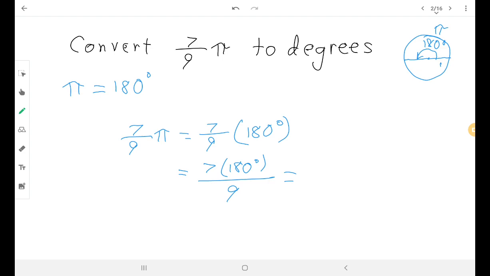So this is like 7 times 20 degrees, and 7 times 20 is 140, 7 times 2 is 14, and tack a 0 on the end. So we get 140 degrees as our answer. I'll give you a moment to look at that.